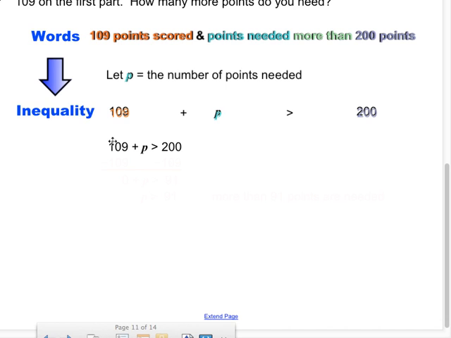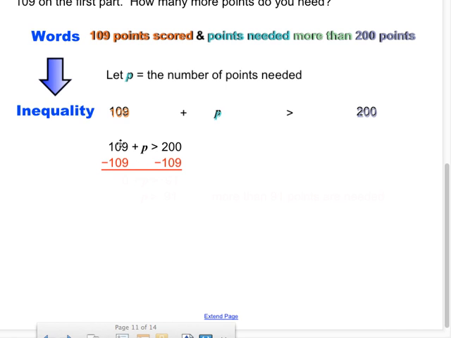And what is the sign of 109? Positive. So we have plus 109 or positive 109. How do I undo plus 109 or positive 109? What's the opposite of positive 109? Negative 109. So I got to subtract 109 from both sides, right?